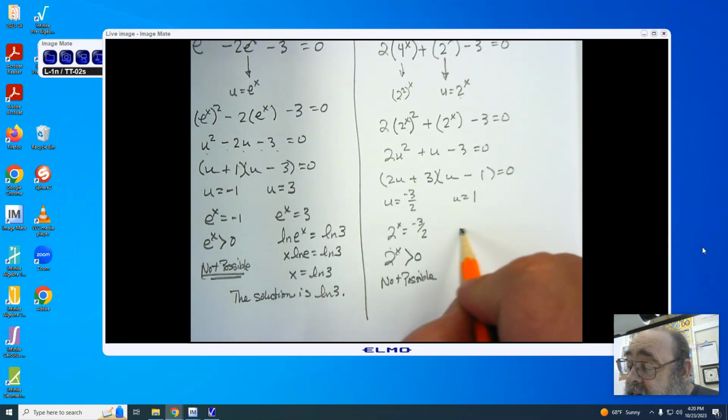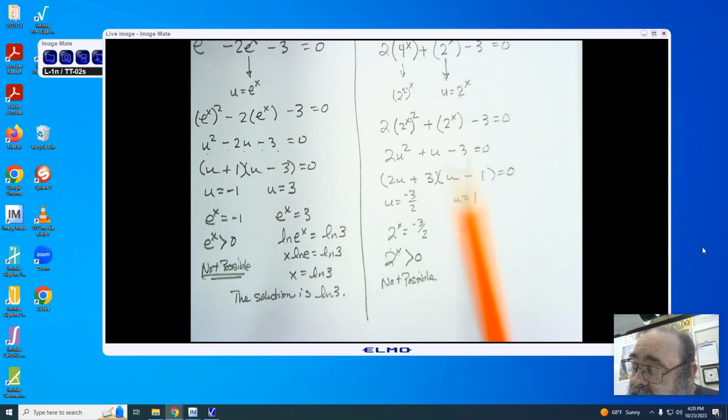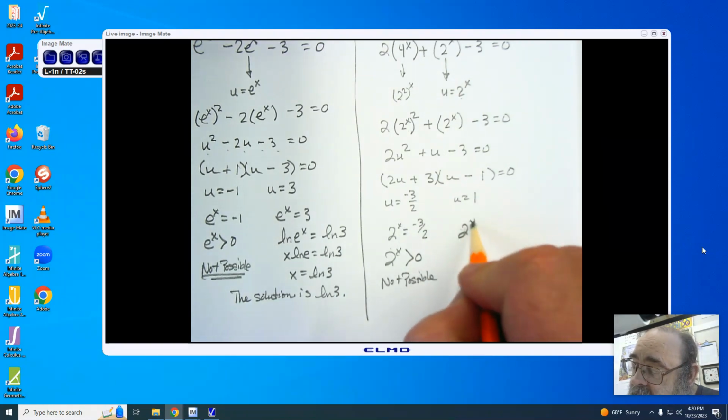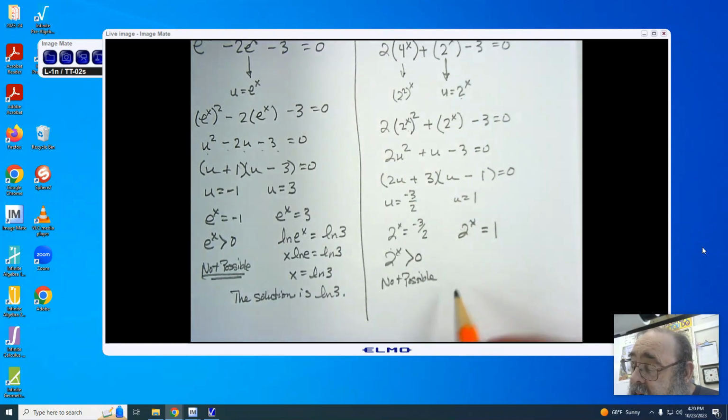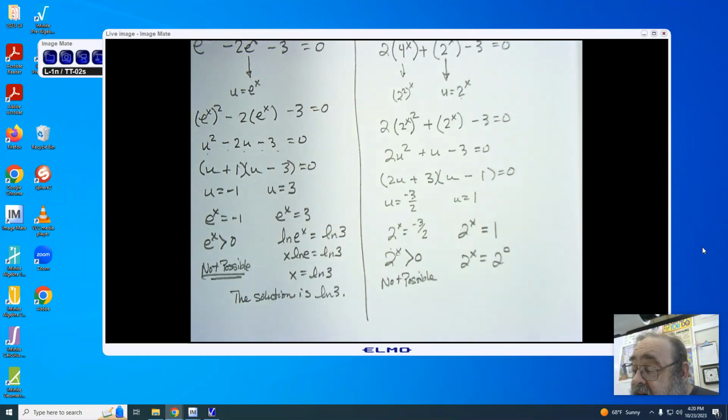But this one, let's see, that was 2 to the x equals 1. Well, I could use exponentiation, or I could use my laws of powers and recognize that 2 to the 0 power is equal to 1, and therefore x must equal 0.